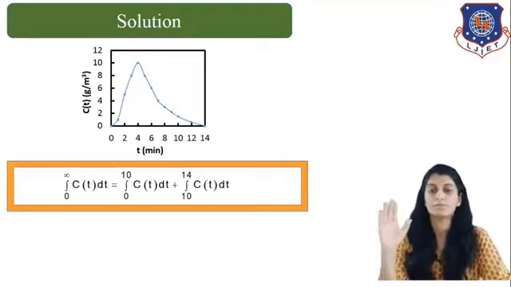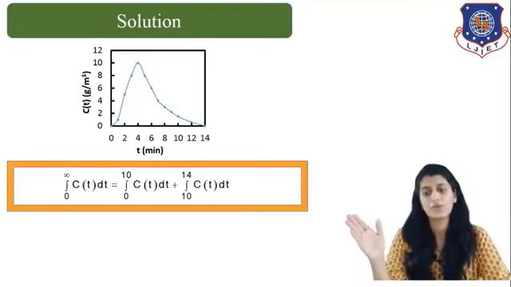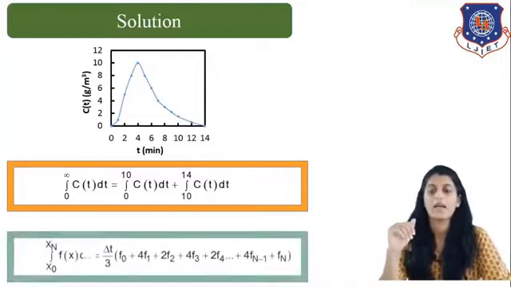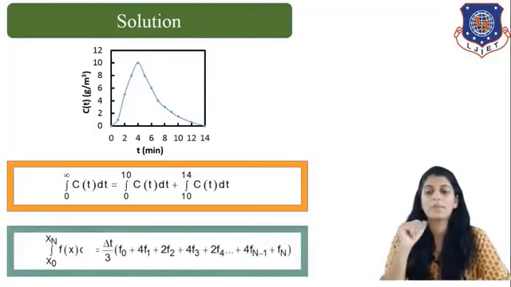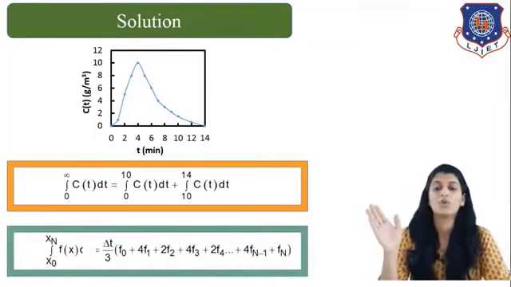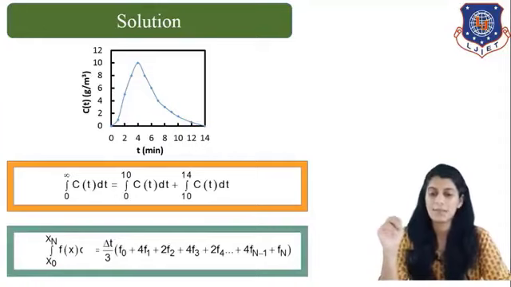So we will do integration of 0 to 10 C dt plus integration 10 to 14 C dt. And for that we will be using this formula which you have already gone through in your previous semester, right?